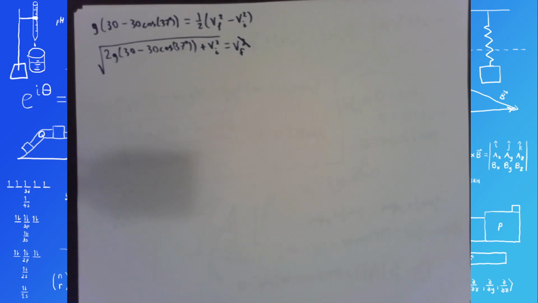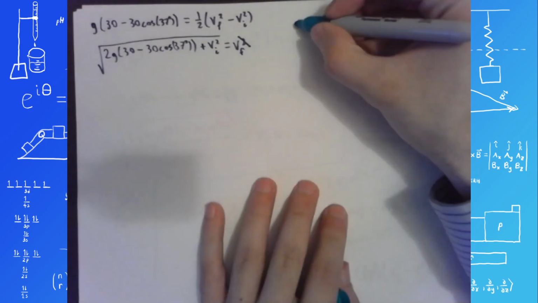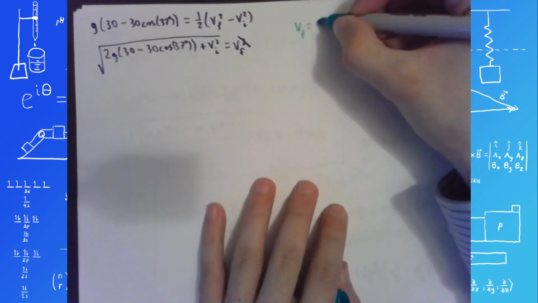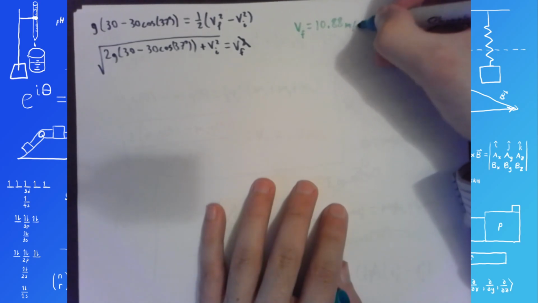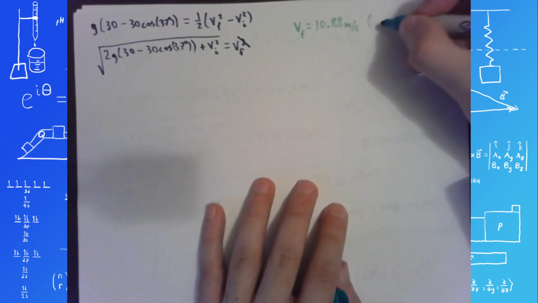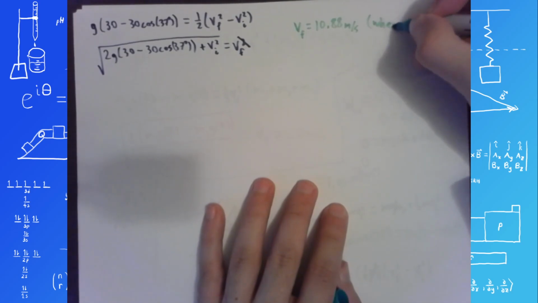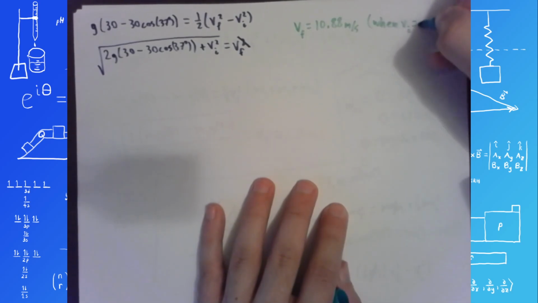Square root of that gives me 10.88. So v final equals 10.88 meters per second when v initial equals 0.